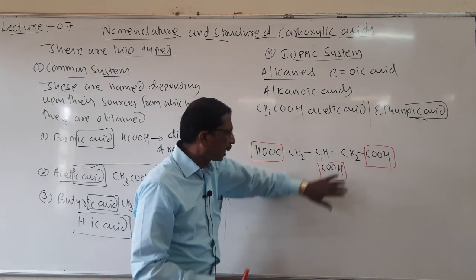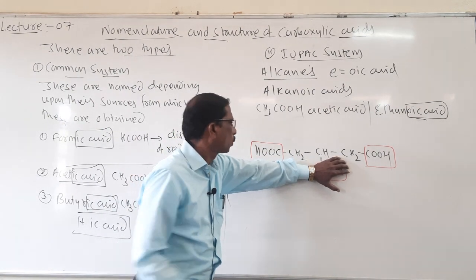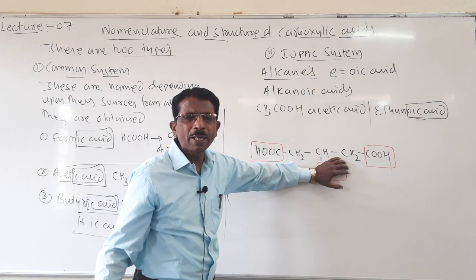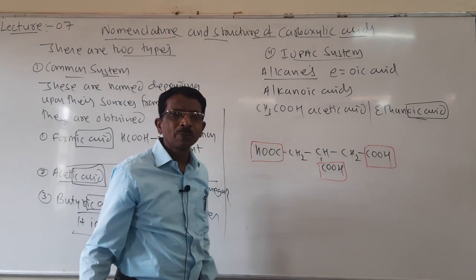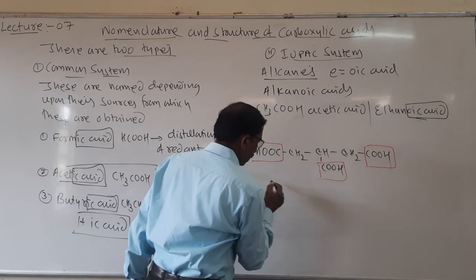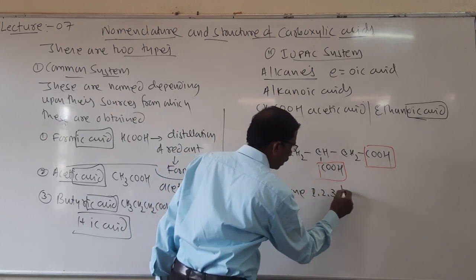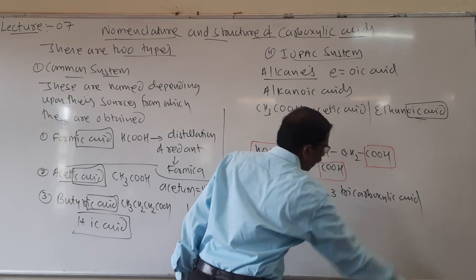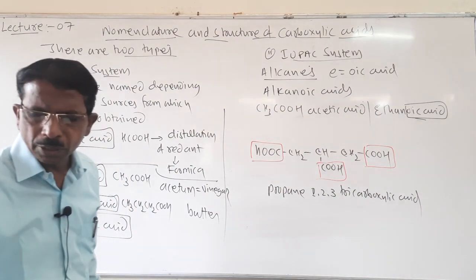If it contains only 2 carboxylic acid groups, we can name it easily: 1, 2, 3, 4, 5, pentane dioic acid. But here it is the third one, so in such cases we consider 1, 2, 3, and it is called propane 1, 2, 3 tricarboxylic acid. So it is about the IUPAC system.